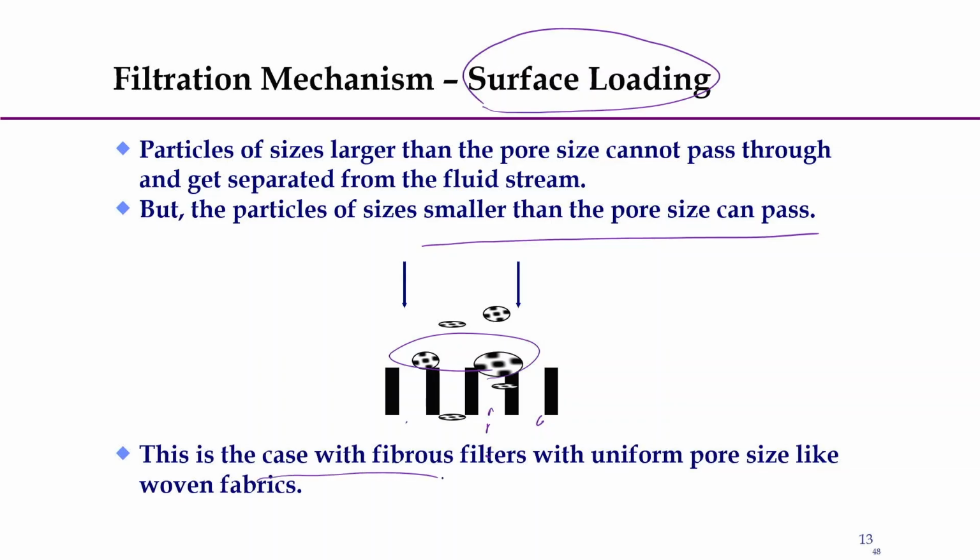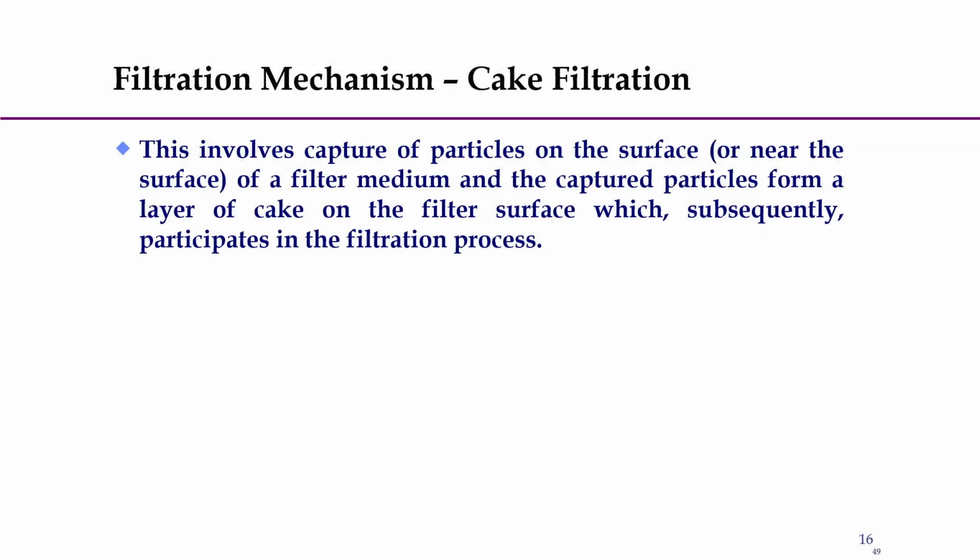This is the case where fibrous filter with uniform pore size, like woven fabrics or spun bonded, thin non-woven, this type of surface loading takes place. This involves the capture of particles on the surface. Okay.